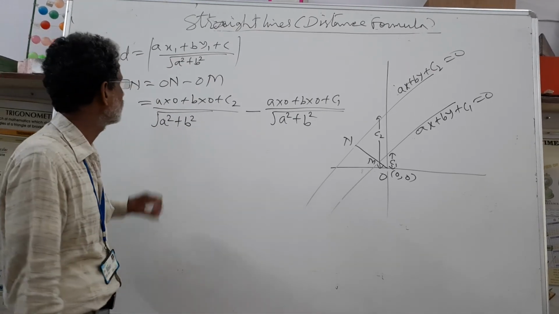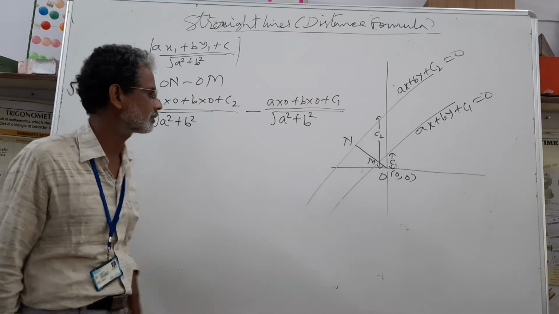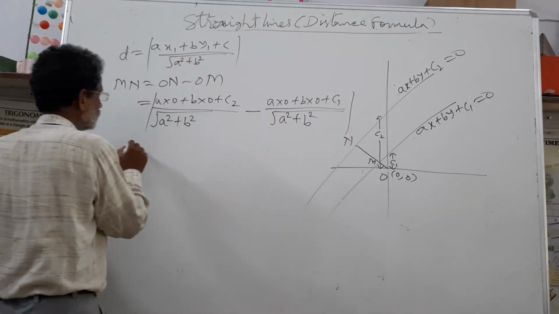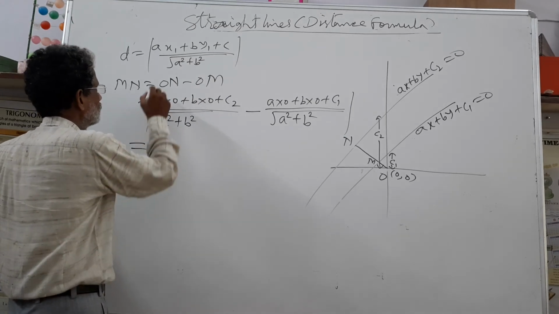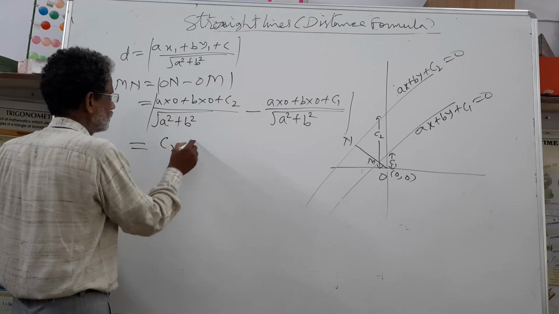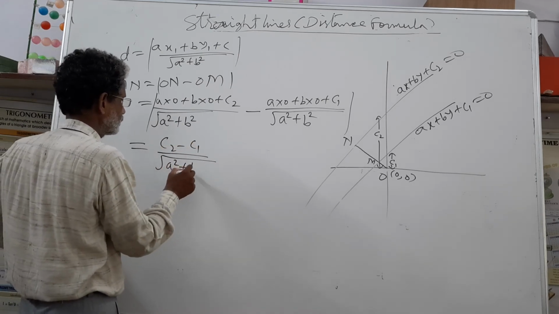The denominators are the same. This is 0, only C2, this is 0, only C1. This becomes equal to (C2 minus C1) upon under root A square plus B square.